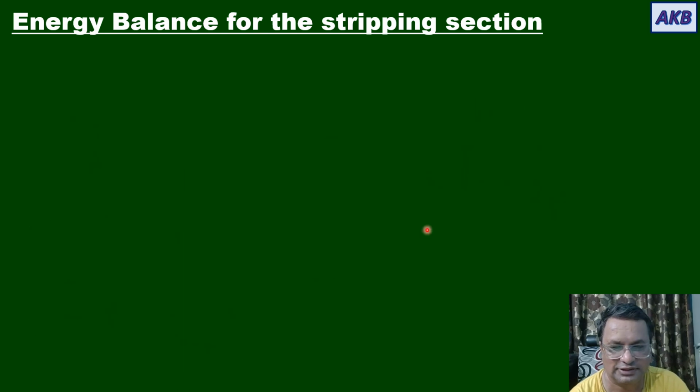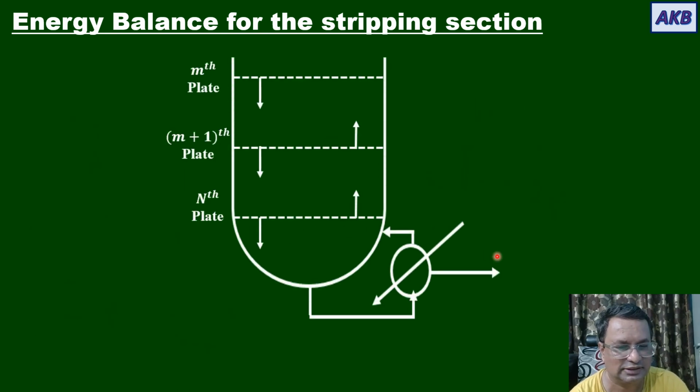Okay, so again, to have perfect understanding, let us understand the notations that I'm going to use. We have considered the mth plate, the m plus 1 plate, and the last plate in the column.